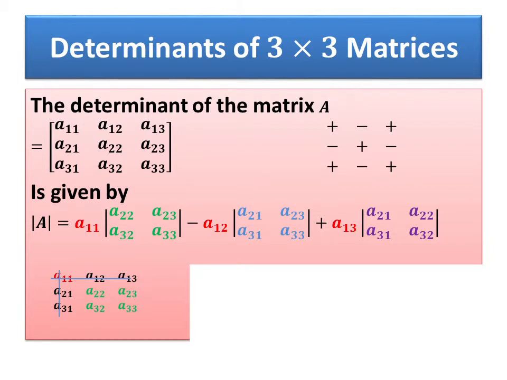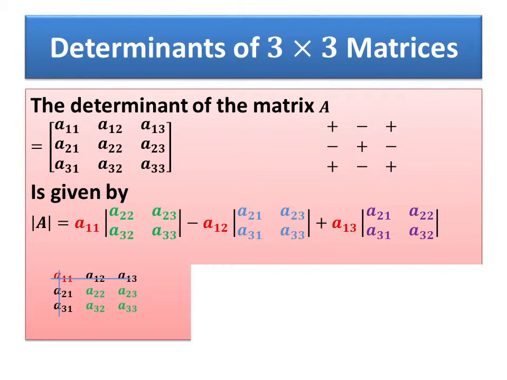And we remain with the green elements A22, A23, A32, A33. So the first element here will be A11 multiplied by the determinant of a 2 by 2 matrix, written in green elements A22, A23, A32, A33.